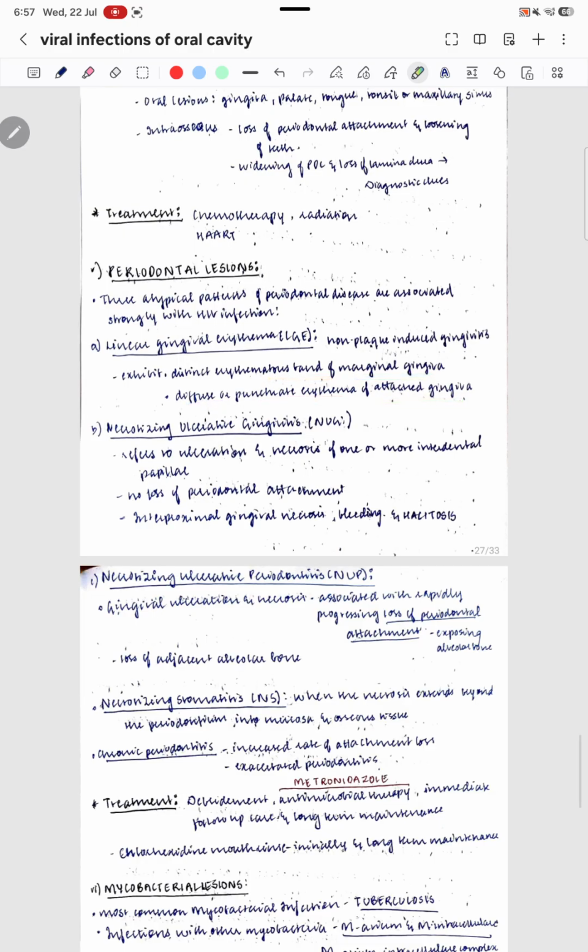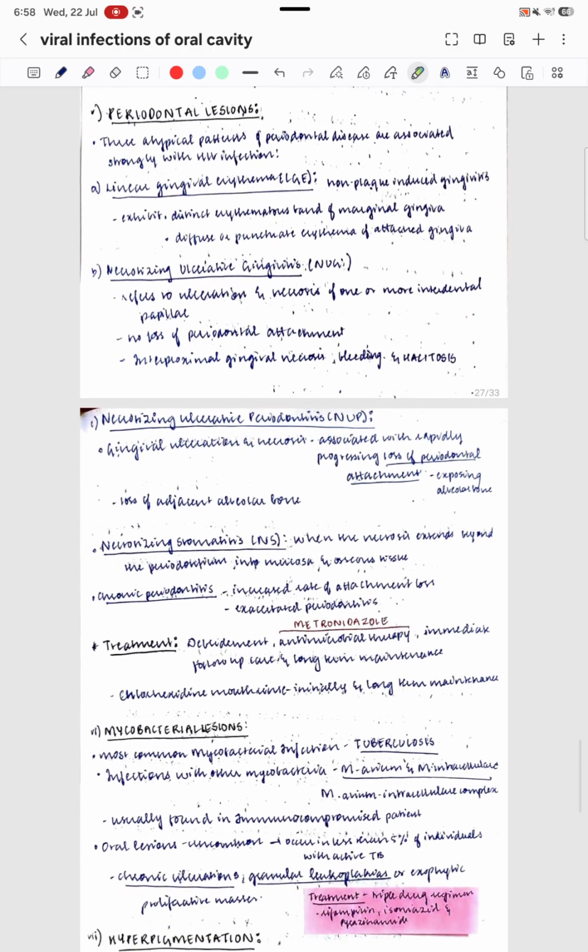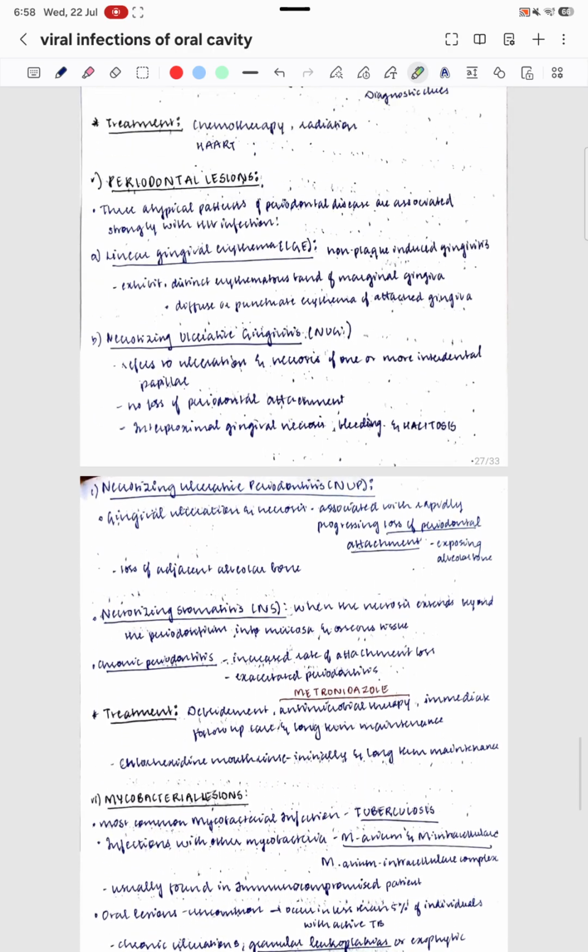So the first periodontal disease is about the gingiva. The attached gingiva is affected, or the marginal gingiva is punched out and erythematous. This is mainly non-plaque induced gingivitis.